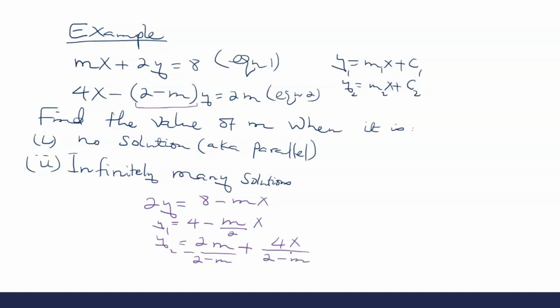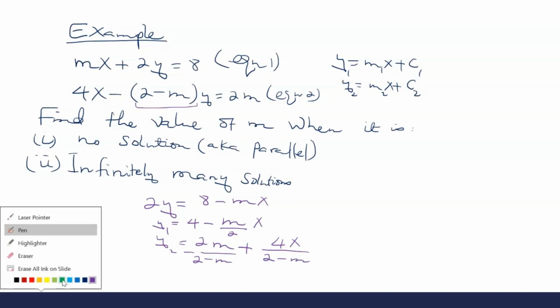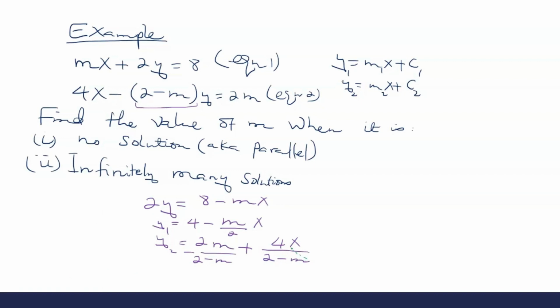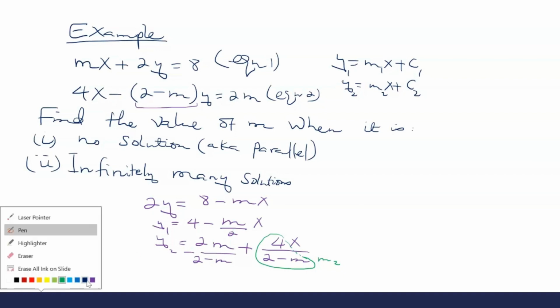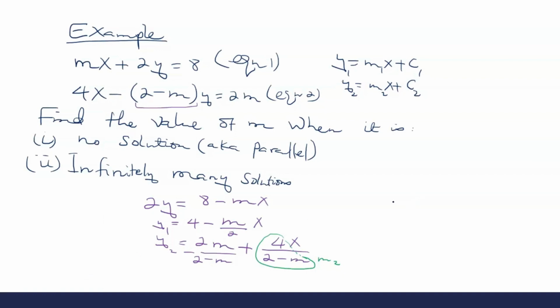So now this whole lot is my m2, and this is my c2. Now we need to equate the two. We know that c1 equals c2, so we equate those two, and also m1 equals m2.